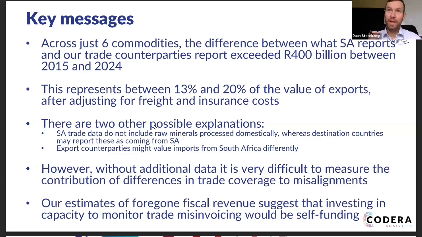And if that data are accurate, then it would mean that very large fiscal revenues are being foregone, and it would make sense for our fiscal authority to invest resources in improving the quality of data and the ability for them, for those involved in trade, and for the academic community interested in these issues to be able to measure and monitor things like trade misinvoicing.